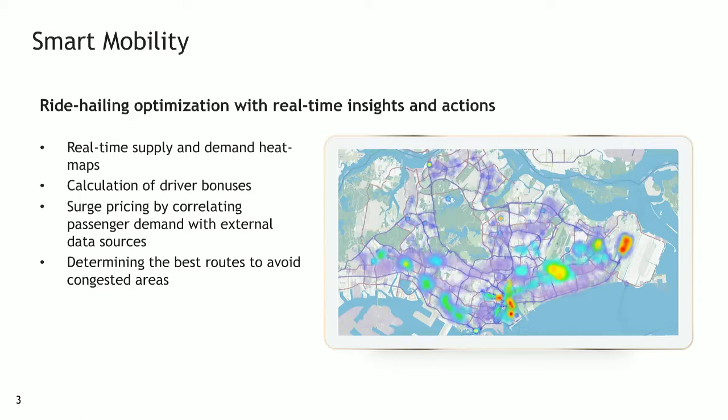So basically trying to determine, for instance, which are the most crowded locations holding more customers and where the drivers are centered in the city, and trying to route the drivers to the right places while trying to benchmark the prices to reflect the demand and the response for the demand across the network. And of course, they were unable to do that using analytical flows when it comes to hundreds of thousands of IOPS running in their network.